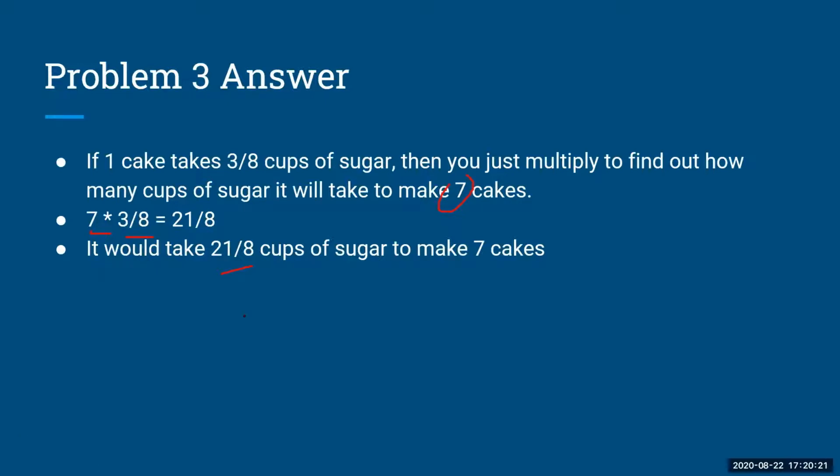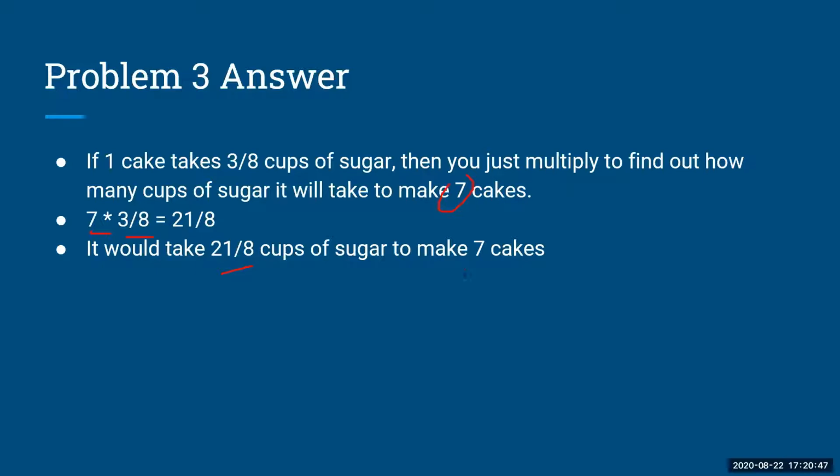Really simple. What if you made 1/2 of a cake? How many cups of sugar would you need? That should also be painfully obvious. So imagine this was 1/2. Let's see.